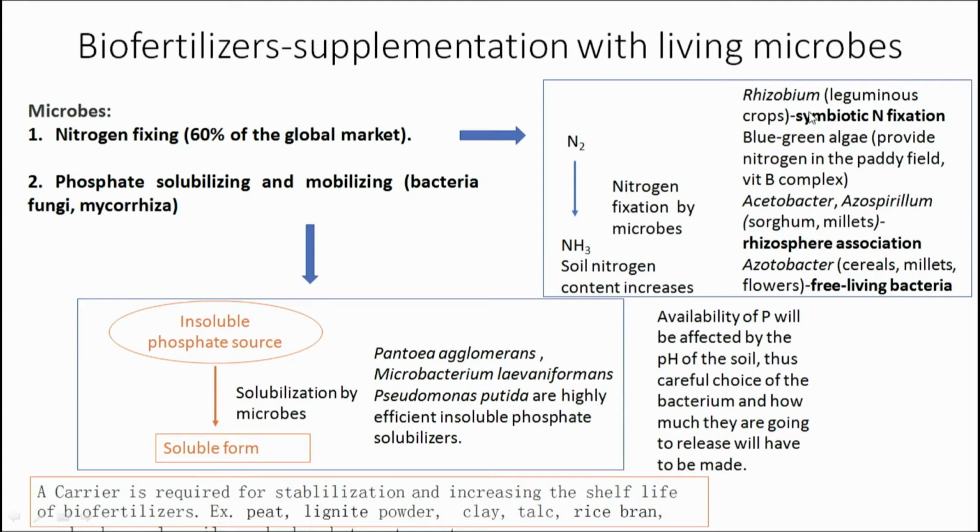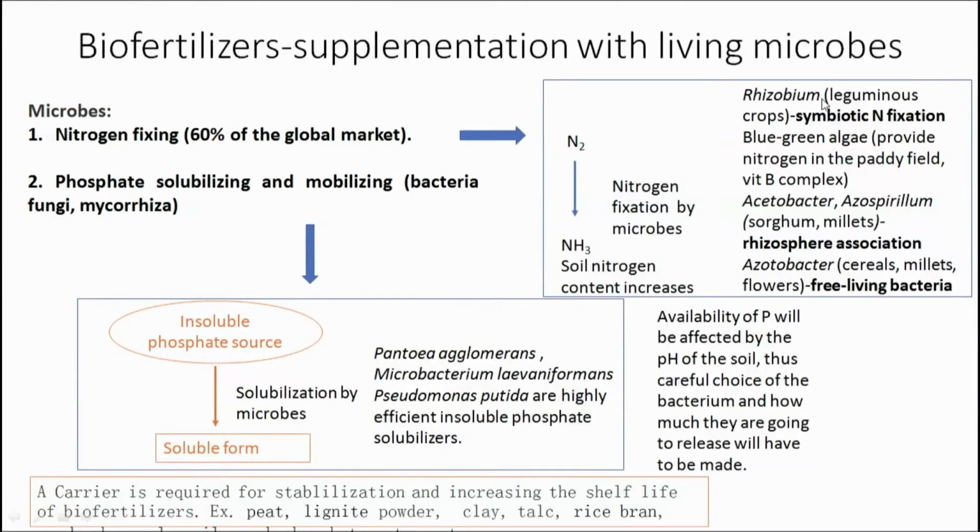An example is Rhizobium, which is found in close association with leguminous crops such as arhar dal. We use the term symbiotic nitrogen fixation because, in this kind of arrangement, both the bacteria, which fix the atmospheric nitrogen, and the plants mutually benefit from each other.